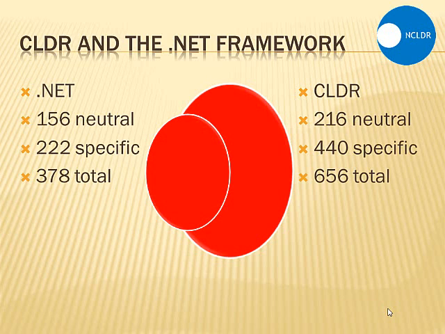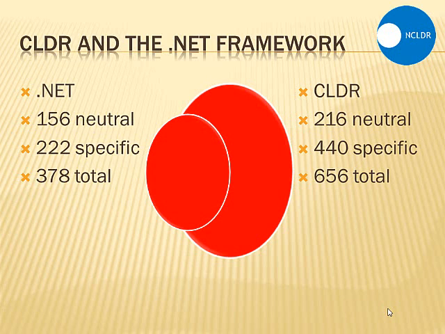If I put some numbers on this, we can see that the .NET framework running on Windows 8, .NET Framework 4.5, has 156 neutral cultures. That would be cultures which only have a language, so English, French, German, Japanese. And it has 222 specific cultures. Those would be cultures which are a language in a country or region, so English in the US, French in France, Japanese in Japan.